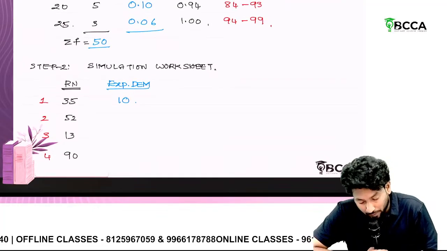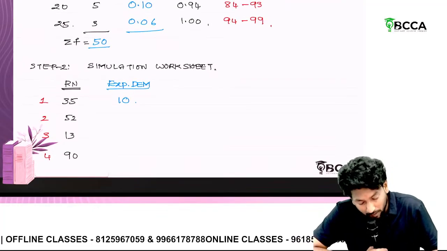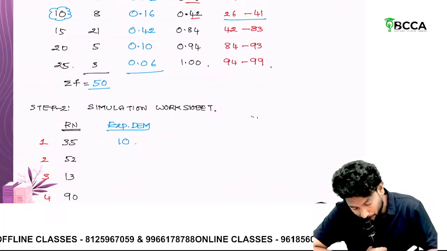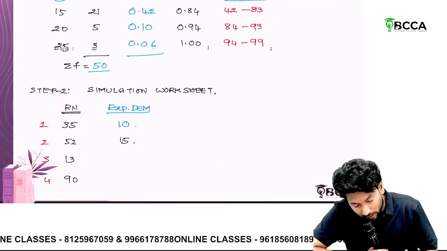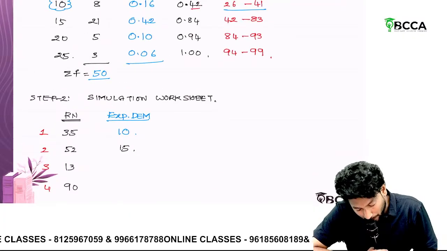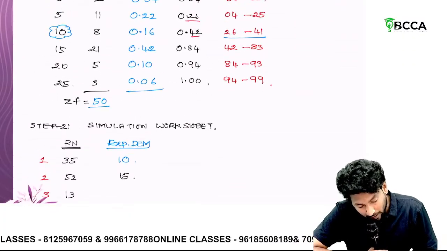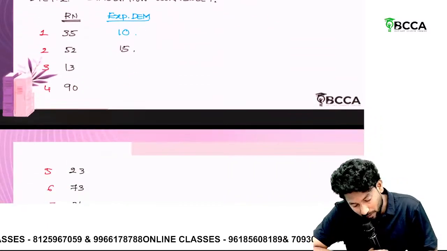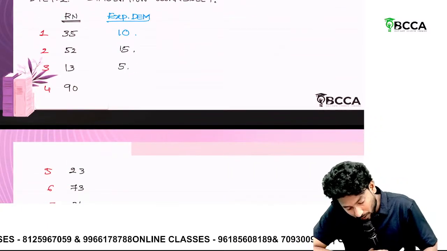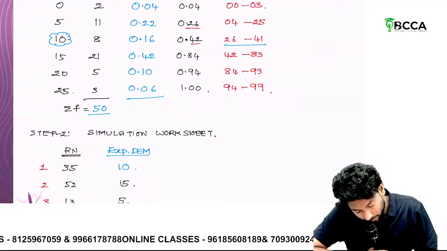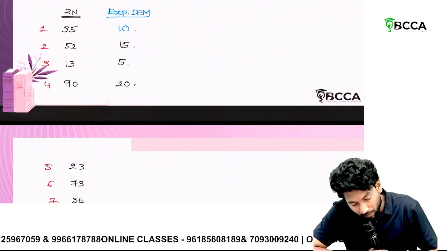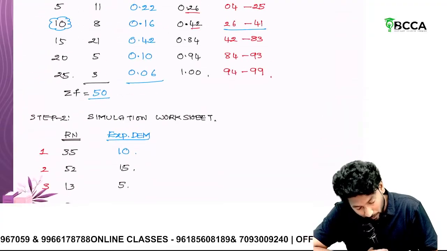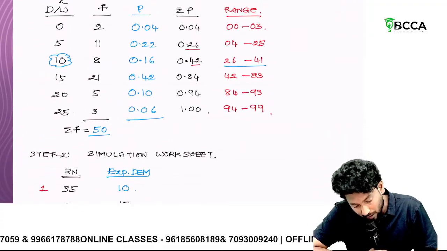Next random number is 52. That falls under which class interval, sir? Fourth class interval. Expected demand is 15. Next one, 13. Second class interval. How much, sir? 5. Fourth week, 90: 20. Next number 23 falls under the second class interval again.